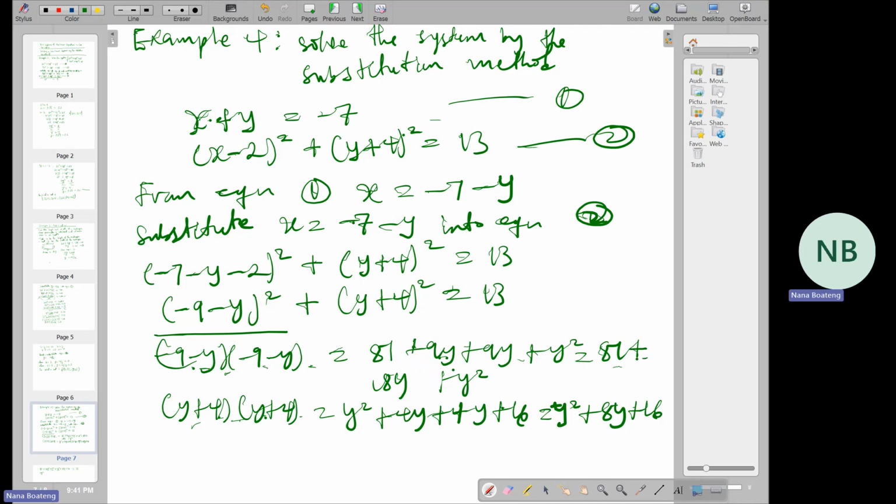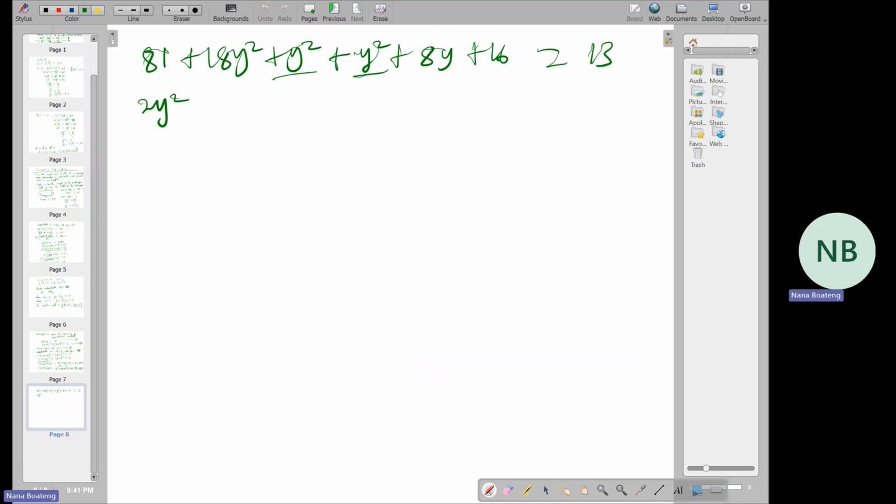Okay, so let's go back to this slide. So this is 18y, not 18y squared. So plus 18y plus this. All right, so we have y squared plus y squared is 2y squared.